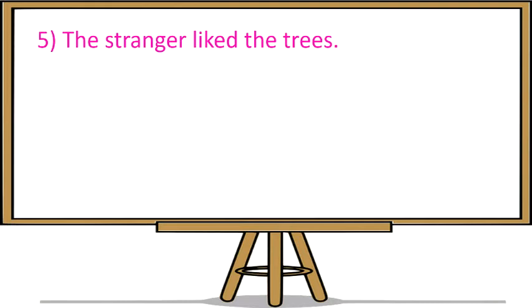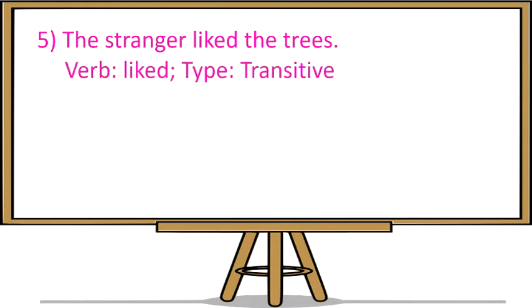So that means we have an object which gives us the answer to our question what. So the verb liked is transitive. Okay? And what is the object in this sentence? Yes, the object is the trees.